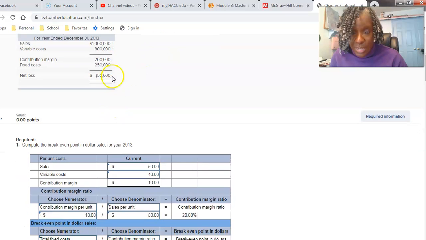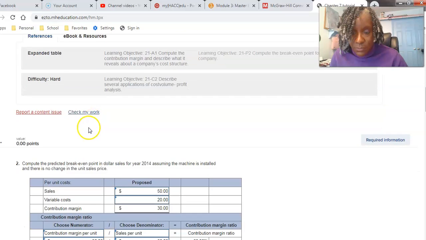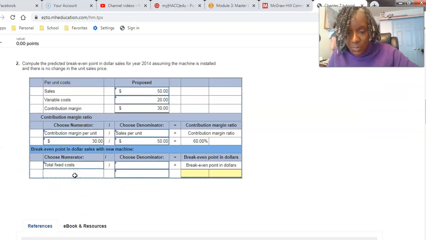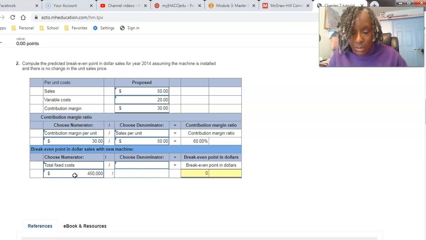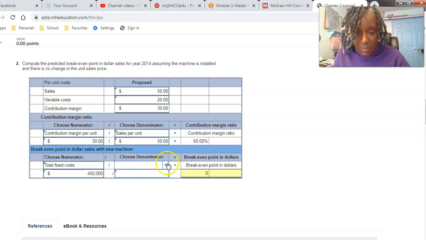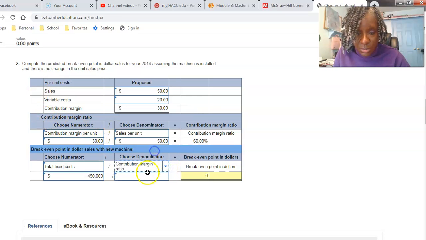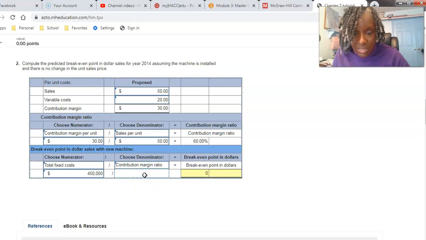So we're going to add the 200,000 to the 250,000. That gives us 450,000. Let's do that. Now, choose our denominator. Our denominator is going to be our contribution margin ratio, right? So what we need to do then is divide by our contribution margin ratio, which we've calculated to be 60%.